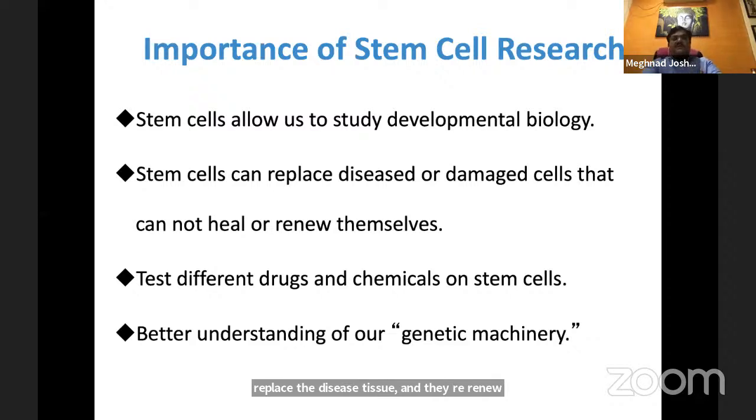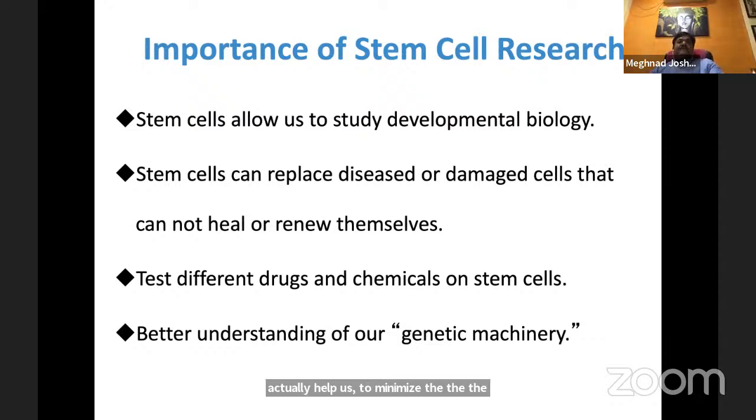Of course, in this era where people discover different drugs and different molecules, stem cells can be a useful marker in identifying how these drugs or molecules react, and they can help us minimize the requirement for lab animals.